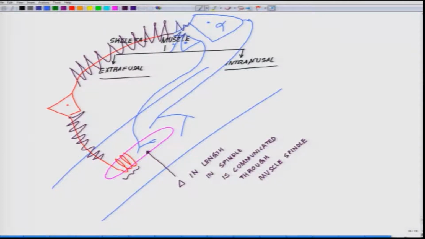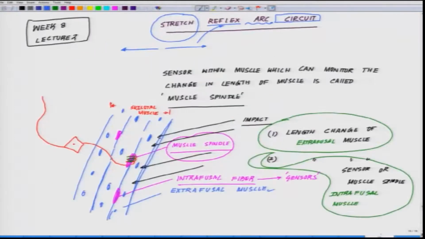I told you that there are changes in length at two different levels, right? The first change in length is in the extrafusal muscle. The second change in length is in the intrafusal muscle, which is the sensor. Now if you complete the circuit, just follow my pen. Here is the signal which went all the way there. The signal gets split into two different neurons. One is alpha, the large one.